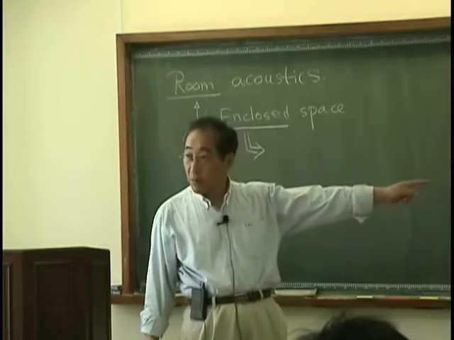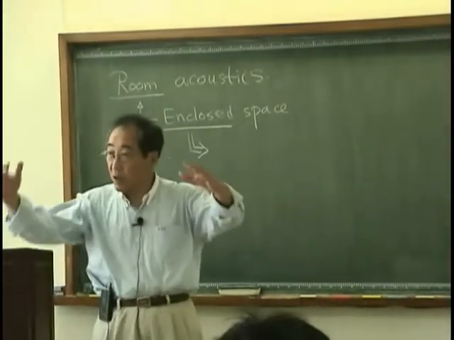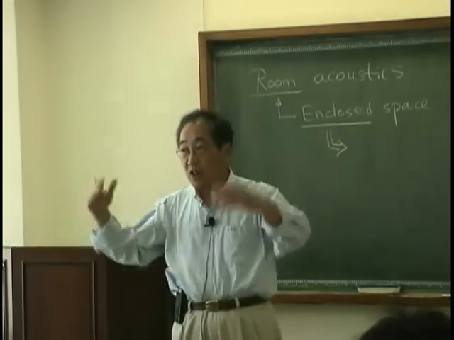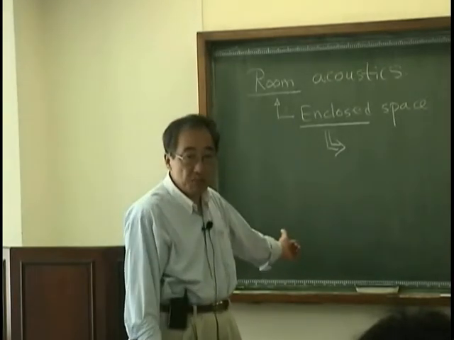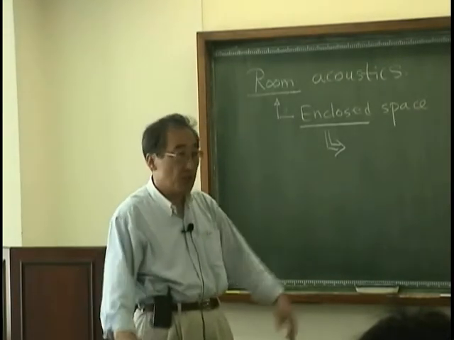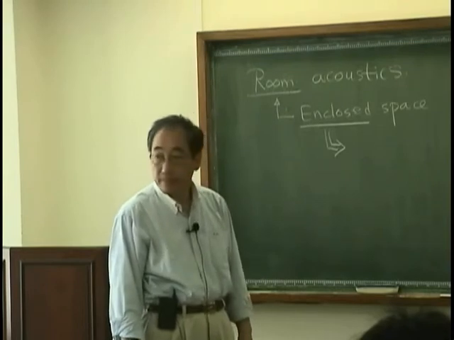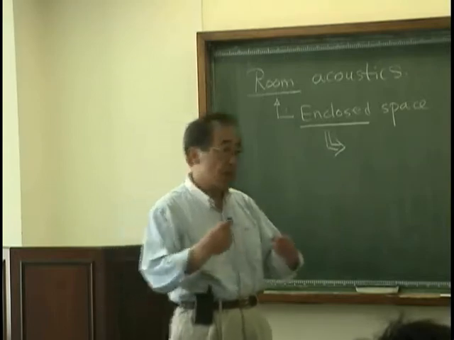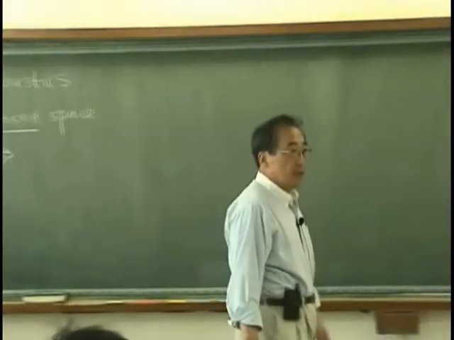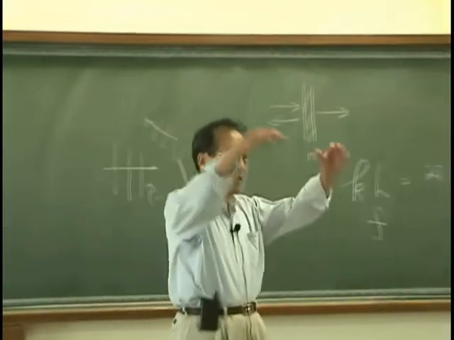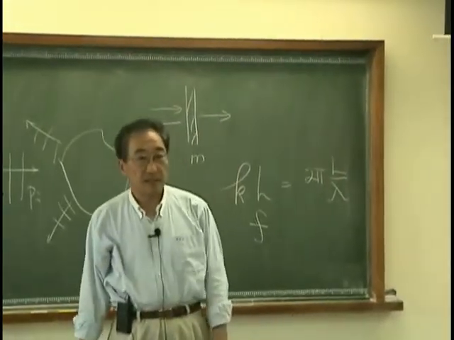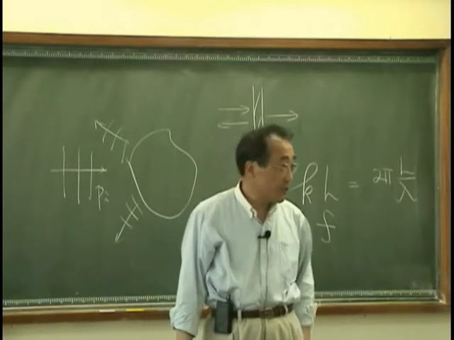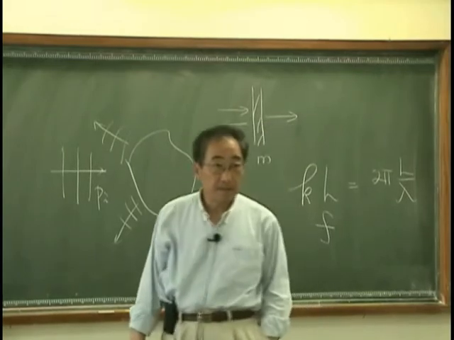For the scattering problem, the incident discontinuity was regarded as the outside of the obstacles, but now this impedance mismatch is inside of the enclosure. That's the difference. So now we are considering how the sound waves will propagate inside of the volume that is enclosed by the surface of discontinuity. Okay?